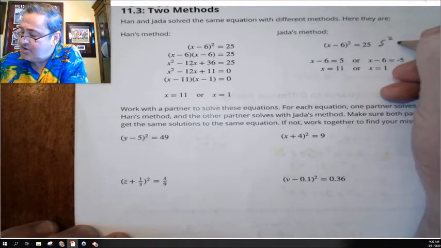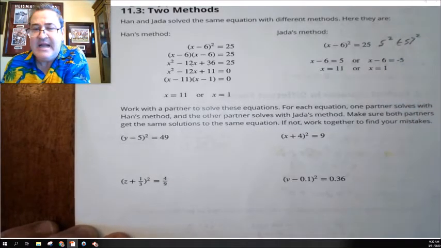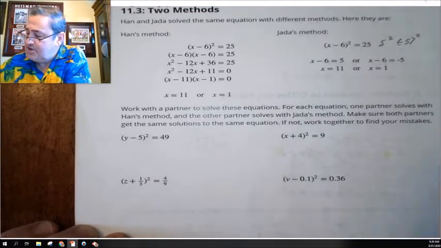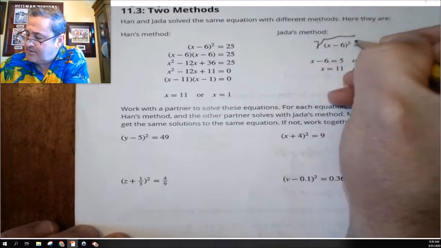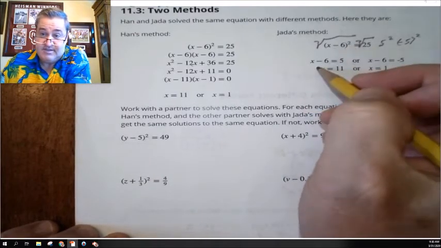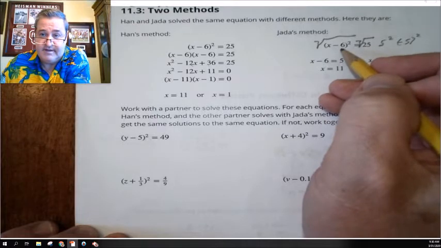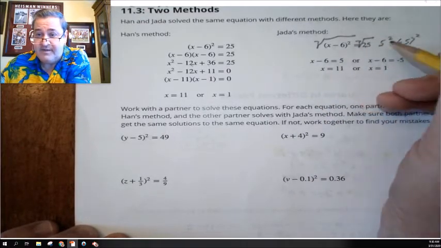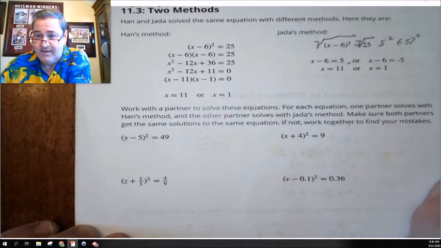Or she said it could be negative 5 squared, because either one of those two would be 25. So she said, if I take the squared away, so I take the square root of it, the square root of x minus 6 times x minus 6 is just one of the x minus 6s, right? Because you'd multiply by itself, and that would be squaring it to get back to there. The square root of 25 is either 5 or it's negative 5.